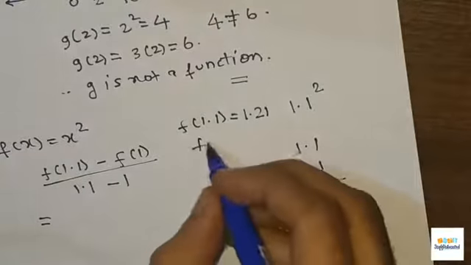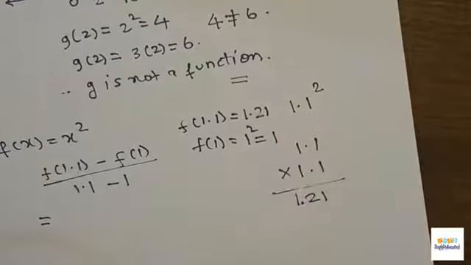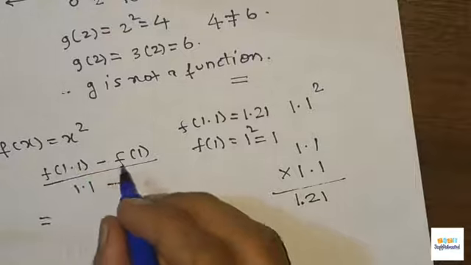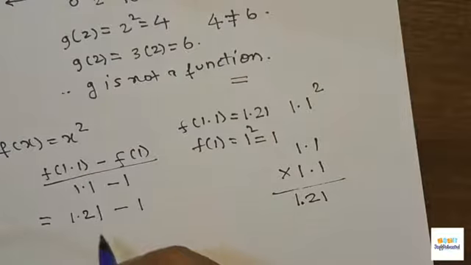Now what is the value of f of 1? That will be 1 square, which is 1. So you are getting f(1.1) minus f(1) is 1.21 minus 1 divided by 1.1 minus 1, which will be 0.1.